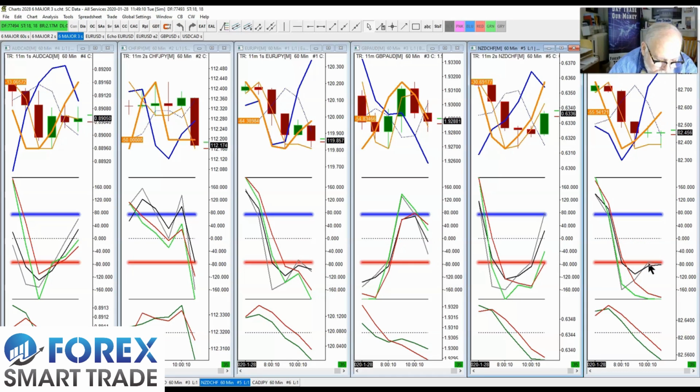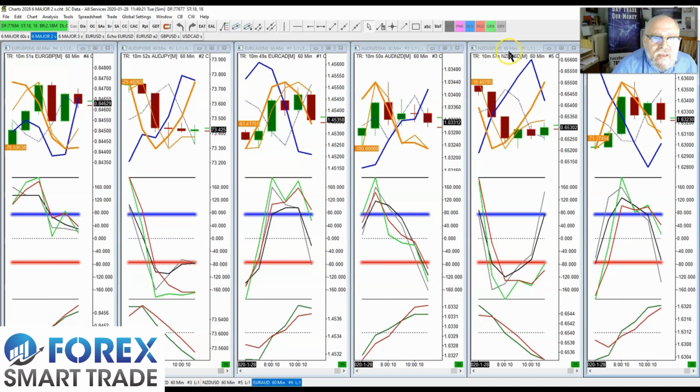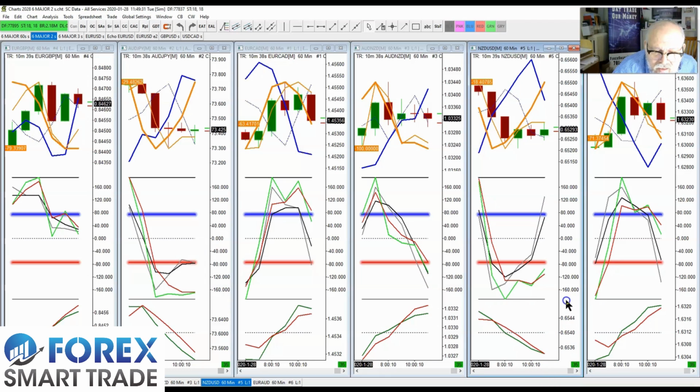So of that group we saw, we had pound Australian dollar as a prospect. We had New Zealand USD as a prospect. But we're not seeing the green crossing over quite yet.